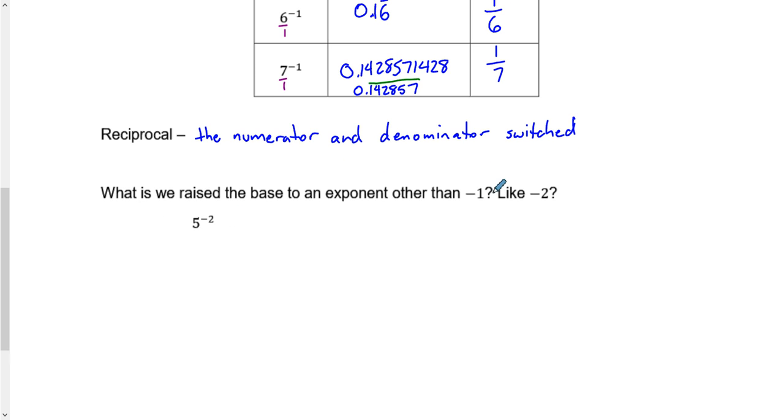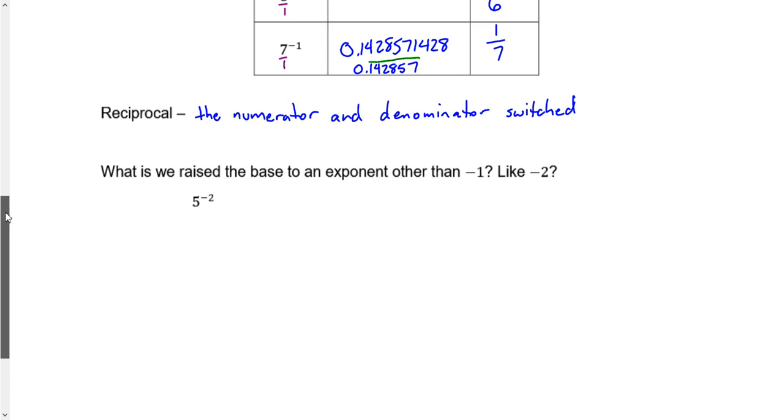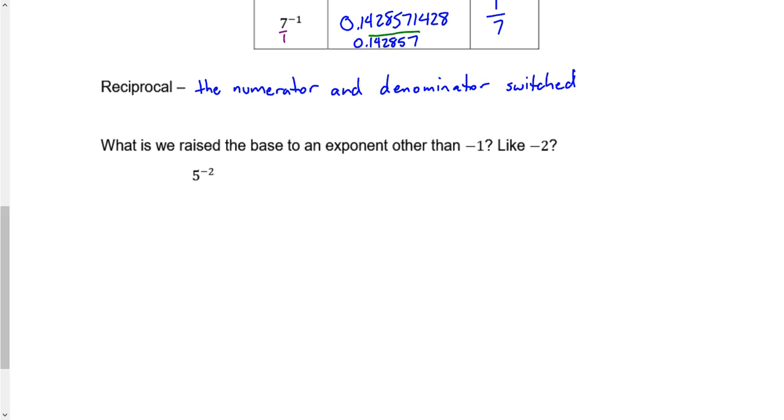It's what happens when we have numbers that are not -1, like -2. If we were to type in 5 to the power of -2 into our calculator, what is that? We get 0.04. So that means that for 5 to the power of -2, we're not just taking the reciprocal and writing 1/5. 1/5 is 0.2.